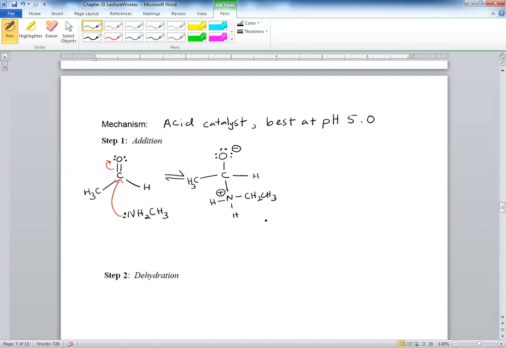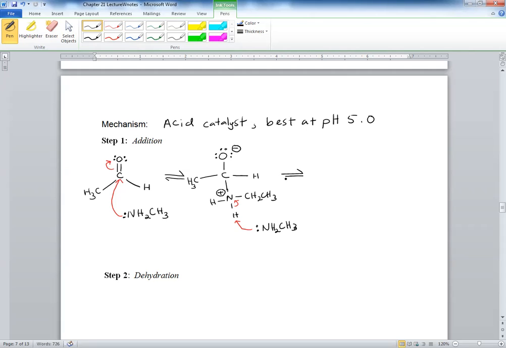Very well. So the next step is you have another methylamine standing around. Now, this might be slightly different than what your book gives, because I think, in my opinion, this is a better mechanism, less complicated.